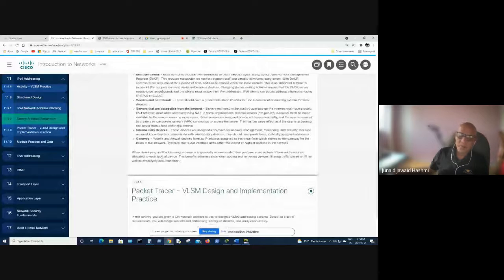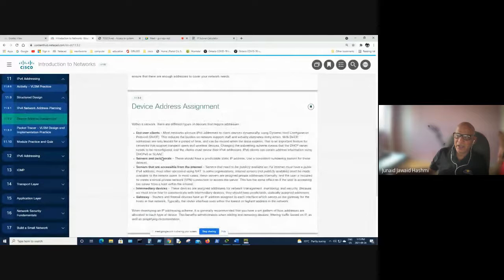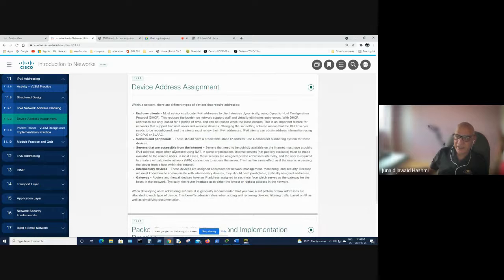When you're planning your address assignment, you have to have an IP address for each end user. End users are computers, tablets, mobile devices, also printers. You have to have addresses for each server, and any server that is accessible from the internet needs an IP address.